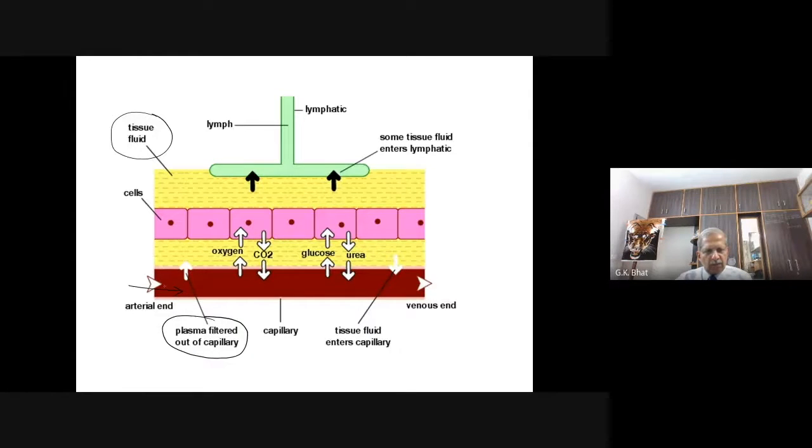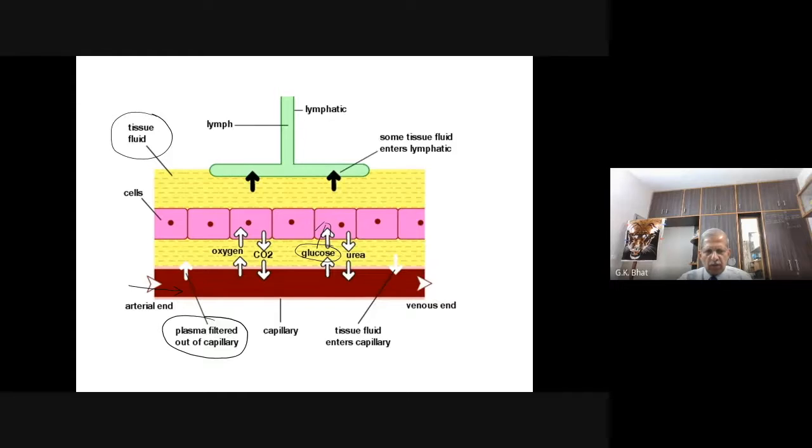Whenever food material comes there, say glucose, this glucose from the capillary now passes to the tissue fluid. From the tissue fluid, the glucose passes to the tissue.